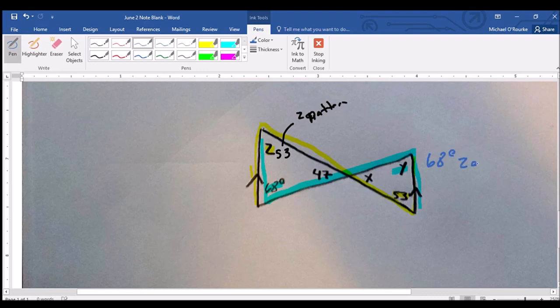And that's Z pattern as well. Now here, this middle one, we don't have any parallel lines, but if we think back, opposite angles. So that's 47 degrees. That's OAT. That's how we finished off.